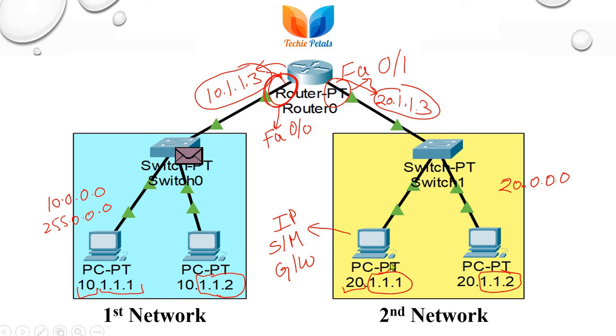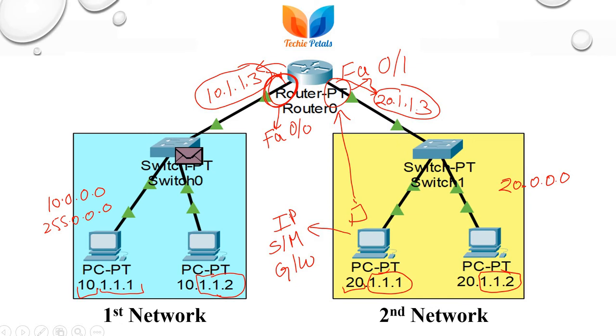So why are we providing gateways to these hosts also? Because these hosts can communicate only via this router. Via this connection they can connect to the outside world, means these hosts can connect to the hosts in the other network via this router only. To transmit a packet to this router, they must send the packet to this port, and this port is 20.1.3, means the gateway address of the network.